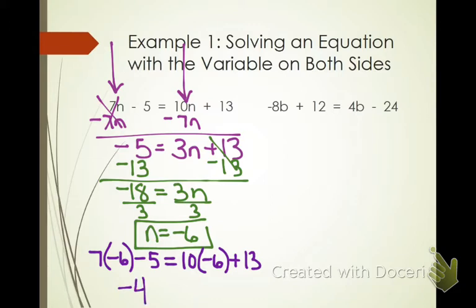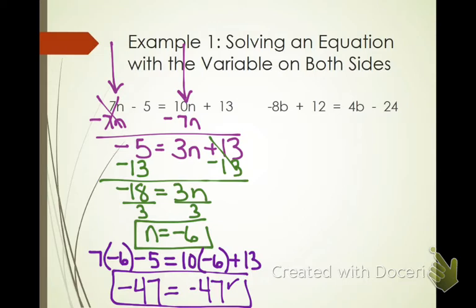So now I need to test the other side. What's 10 times negative 6 plus 13? Negative 60 plus 13 is also negative 47. So it checks out. Both sides check out. All right, you see how I can check? So if that is the correct solution, both sides will equal each other.